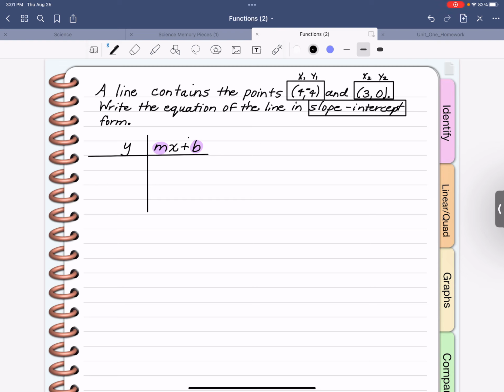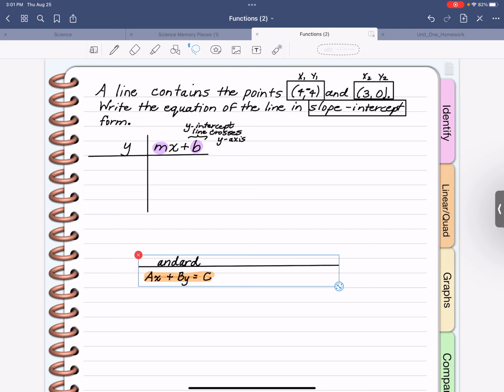That's the y-intercept. That's where the line crosses the y-axis or touches the y-axis. So let's go ahead and graph. I think this is a good one to graph, because they gave me points.